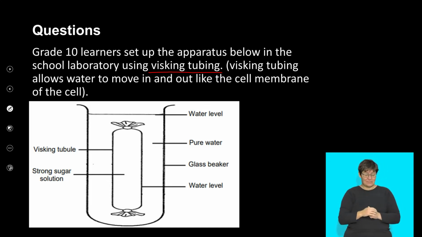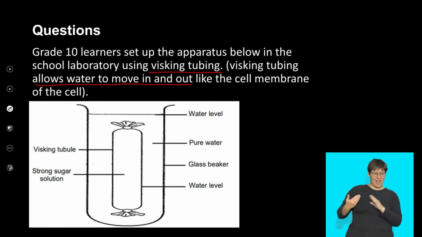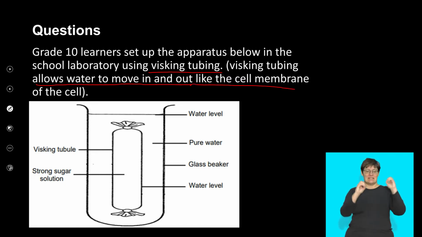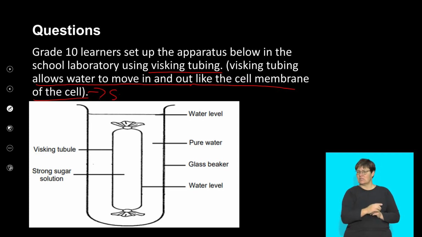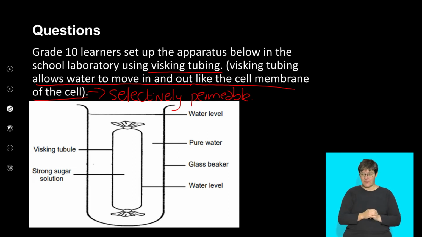They've said that whisking tubing allows water to move in and out like the cell membrane of the cell. So what is it telling you here? It's telling you that this membrane is selectively permeable. I know, as I said, differentially, some of you might even use the word semi-permeable. So let's have a look at the setup over here.